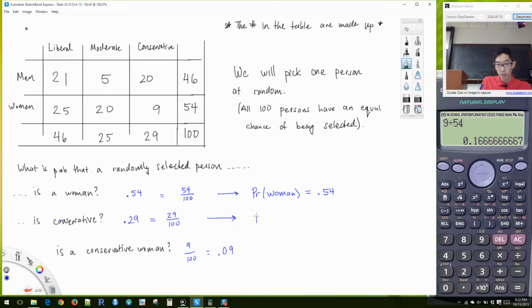And I would write the probability that somebody is conservative is 0.29, and this is going to be the probability that someone is conservative and woman.